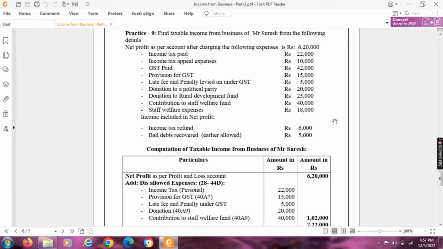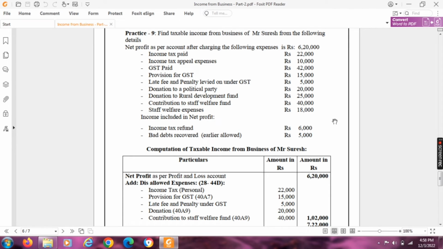Here the expenses are given: income tax paid, income tax appeal, GST paid, provision for GST, late fee and penalty levied on the GST, donation to political party, donation to rural development fund, contribution to staff welfare fund, staff welfare expenses, everything was given. And 2 incomes included in the net profit, income tax refund and bad debts recovered, are given here. So how to compute?